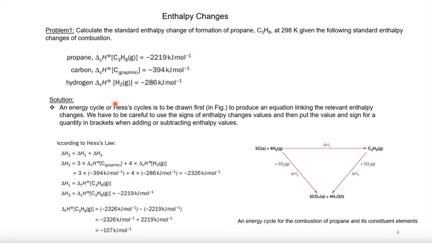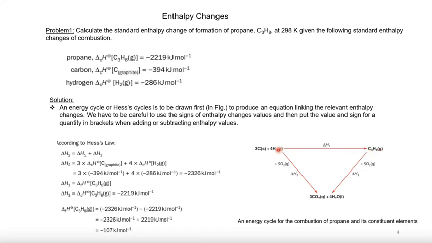For the solution, we first have to draw an energy cycle, that is, a Hess's cycle. When graphite, that is carbon, and hydrogen react together, we get propane gas.